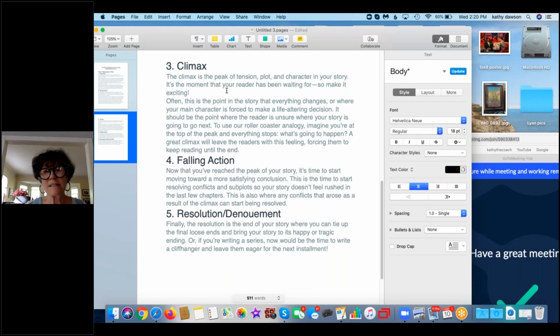And the last piece of the plot is called resolution or denouement, which is a French word for resolution. This is where loose ends are being tied up. You're either going to have a happy ending or you're going to have a tragic ending. There's nothing worse than either reading a book or watching a television show or a series where it ends and you think, well, wait a minute, what's the end of the story?